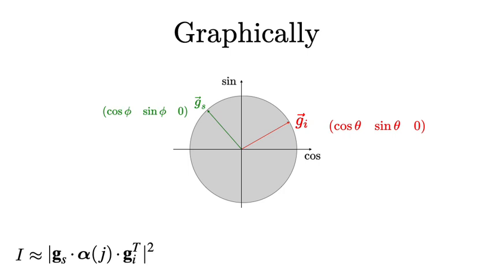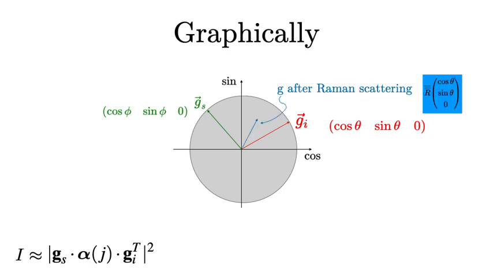Now, it's actually pretty simple, because this is the main point of the entire remainder of the screencast. So this is now: alpha rotates and rescales GI. After the application of the Raman scattering, it is going to move the vector GI into the blue one.